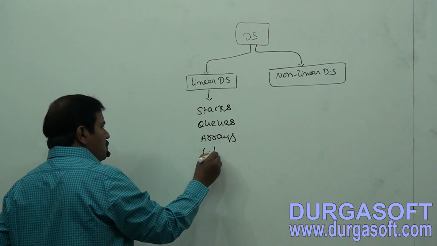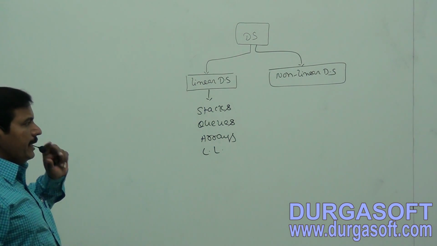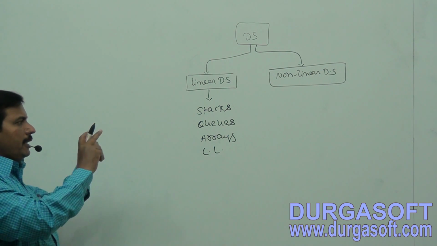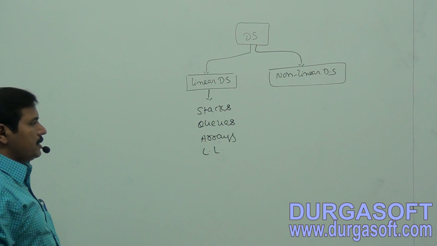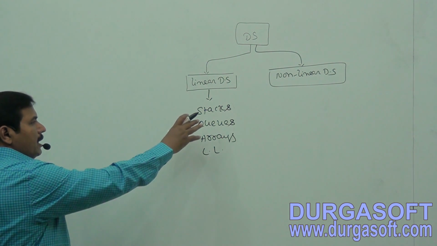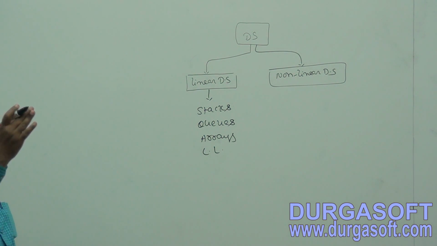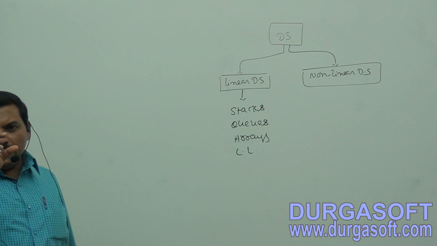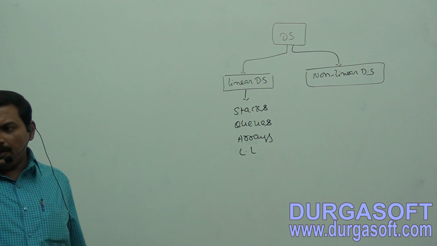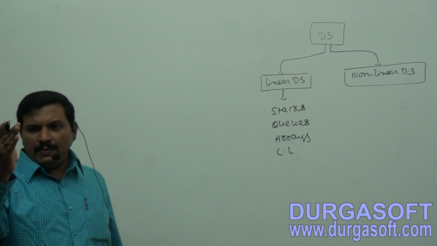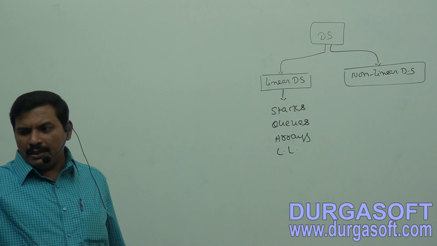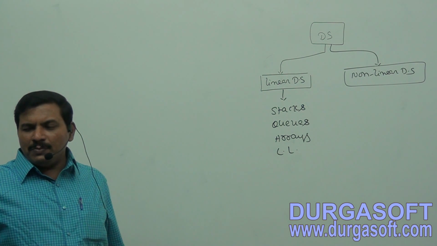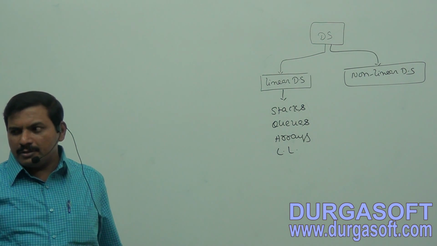The linear data structures maintain a linear relationship between the data elements. That is, all the data elements are stored one after the other. Whereas in linked list, the data elements are not stored in contiguous memory locations, but a linear relationship is maintained with the help of links.